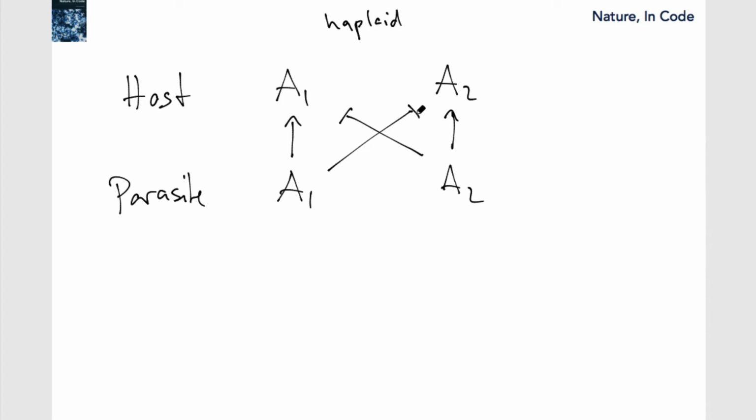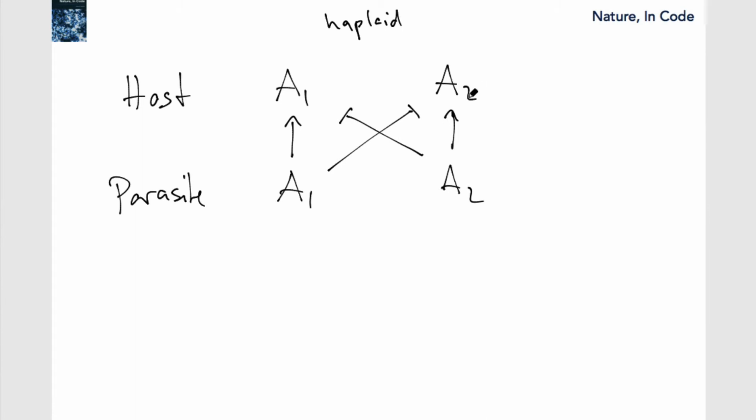And you can now imagine what will happen here over time, right? Let's say A1 is very common. Well, as a consequence, A2 has a high fitness on average in the host population, because A1 cannot infect A2, and so A2 will increase in frequency, and potentially even take over or almost go to fixation.